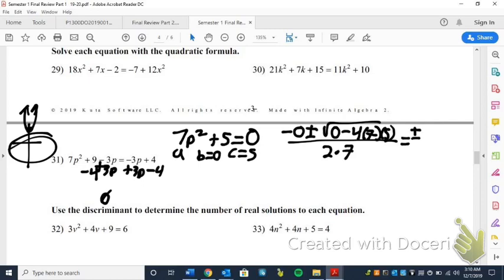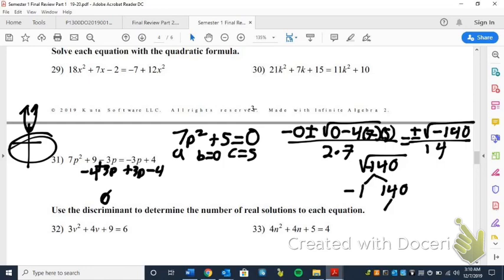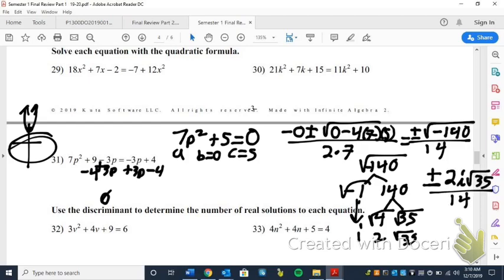So we have plus or minus the square root of negative 140 over 14. 140 breaks down to 4 times 35, with the negative 1. So the square root of 4 is 2. Square root of negative 1 is i. And the square root of 35 stays the square root of 35. So we have plus or minus 2i radical 35 over 14, or plus or minus i radical 35 over 7.